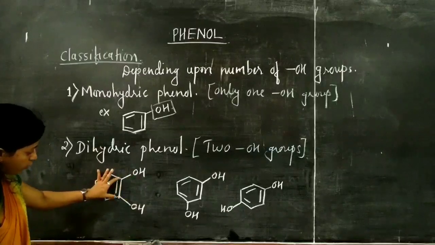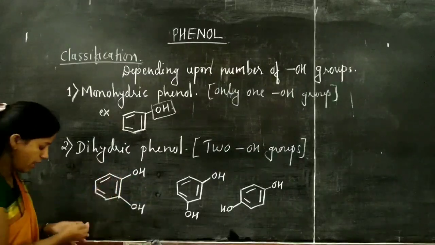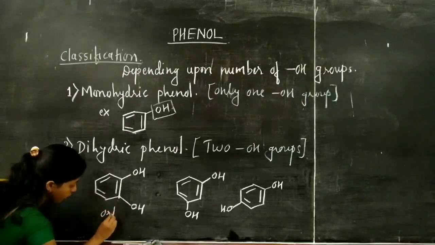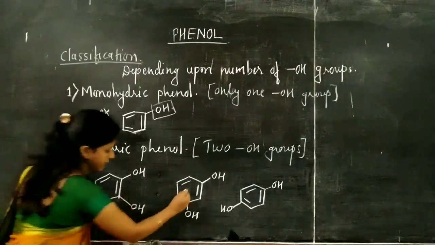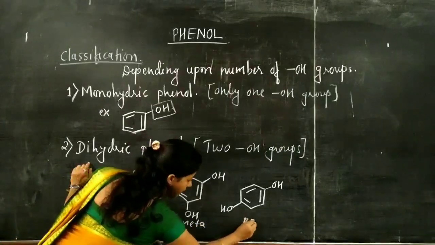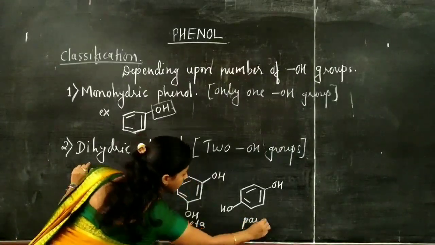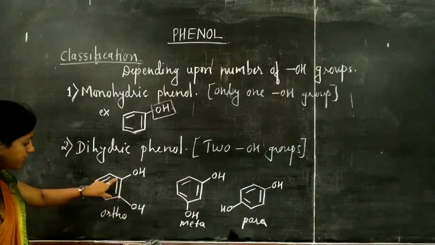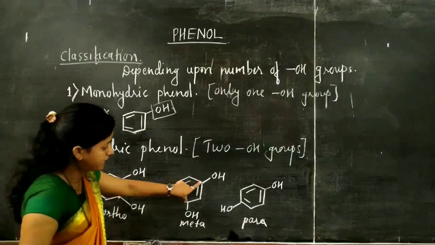OH attached to 1,2 position is also called ortho, this is meta position and this is para position. Here the OH groups are present at ortho. Ortho means adjacent, meta means alternate.